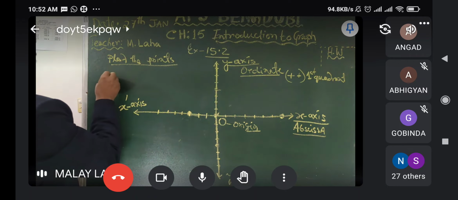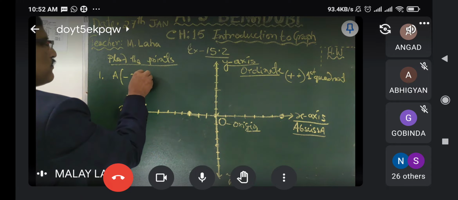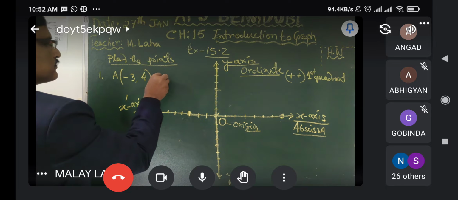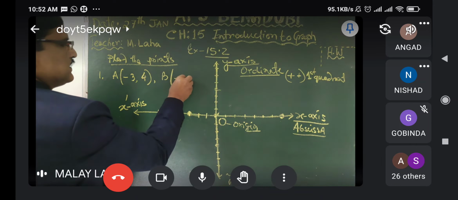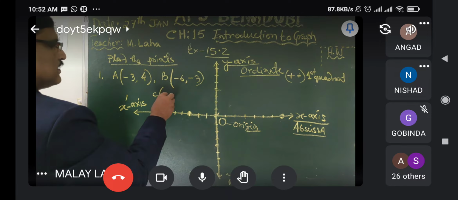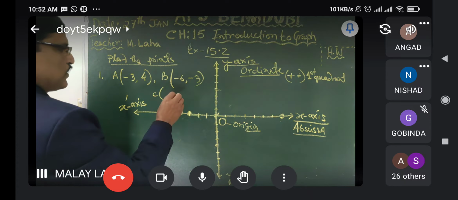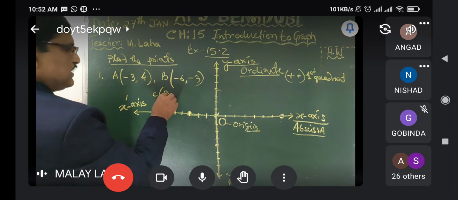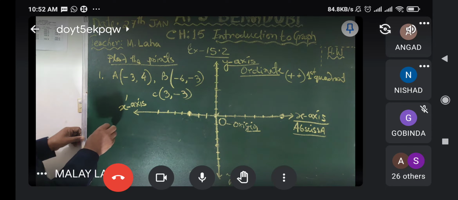Okay. So now I'm giving you the points. Point A: this one is 3 and this one is 4. B point lies at -6, -3. C point, I'm just showing the question, I'm not plotting here. You will plot C: 3, -3. Okay.